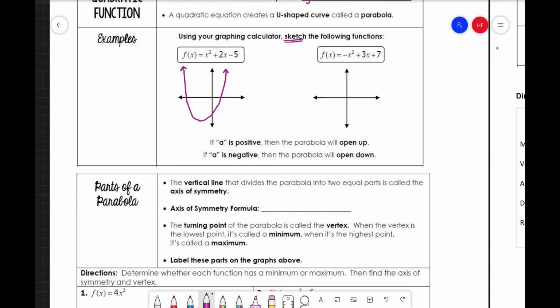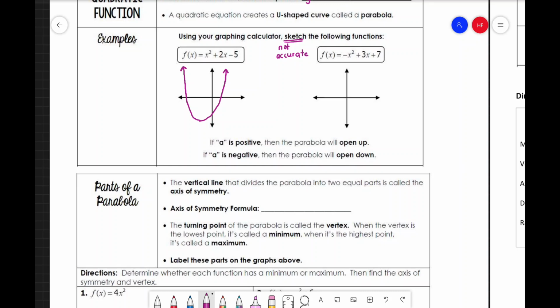Remember, it's a sketch, it's not accurate. If I asked you to graph it, then that's different. That's where we want to plot each of those points and make sure that we are getting it correct. If it's a sketch, then just do your best. Make sure your negatives are negative, your positives are positive.